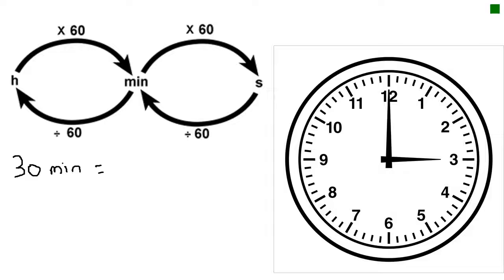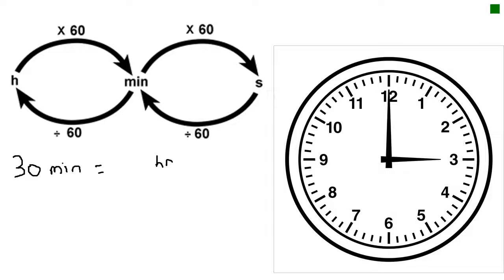And a lot of you are thinking, oh man, I hope we get a harder example because we just automatically know that 30 minutes is half an hour. Well, what I want to do is show you through the analog clock a visualization of 30 minutes being half an hour. So we all know that when the small hand travels once around the whole clock, then that denotes that 1 hour has passed.